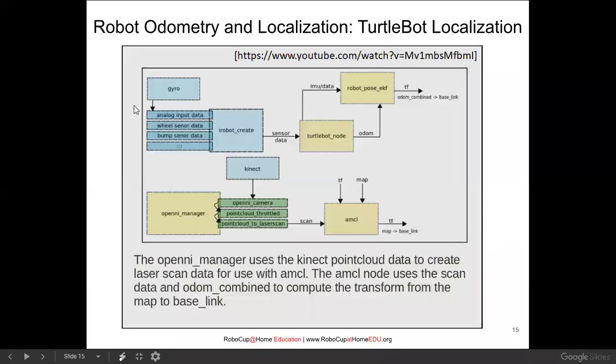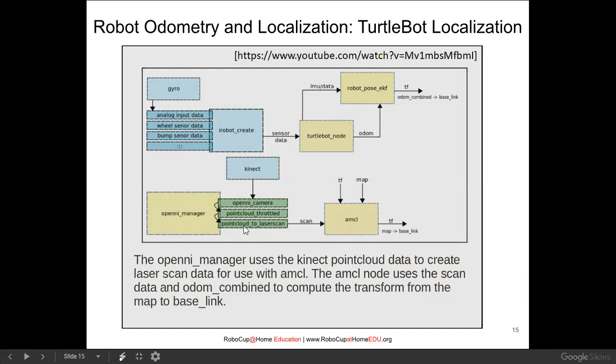Just now I mentioned that in TurtleBot we have the system that gives you the odometry. Then we have another system, which uses the RGBD sensor to give you another estimation for your localization. For example, over here we have the Kinect sensor, and OpenNI is the driver for this Kinect sensor.